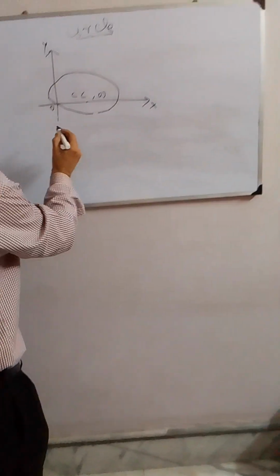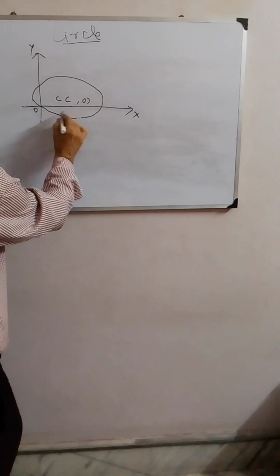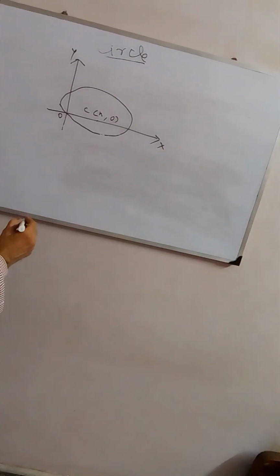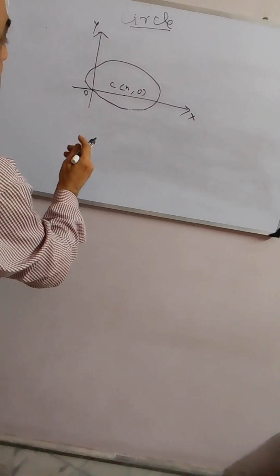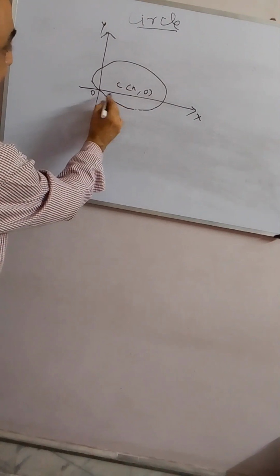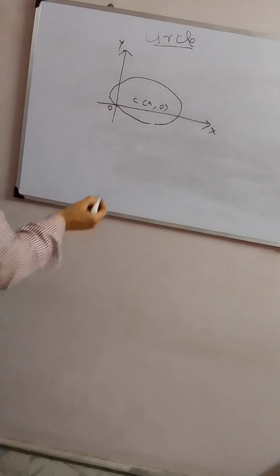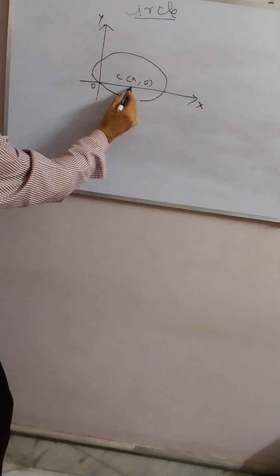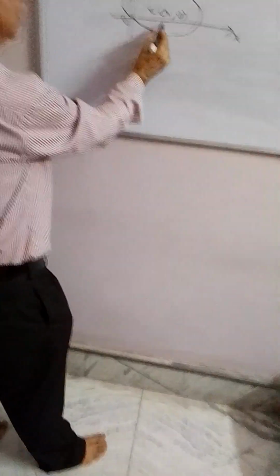Now suppose its x coordinate is h. The radius is a. The radius is equal to the distance of the center from the circumference.